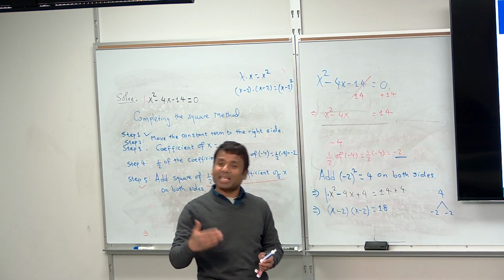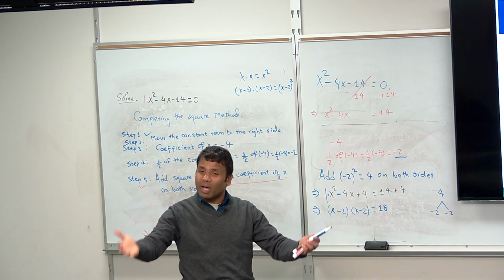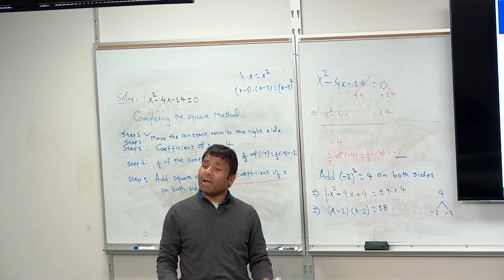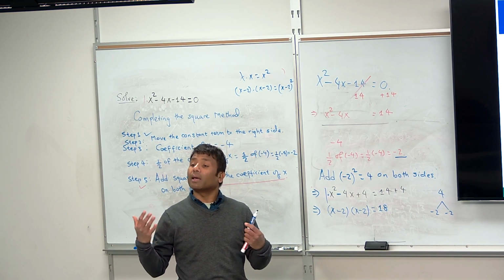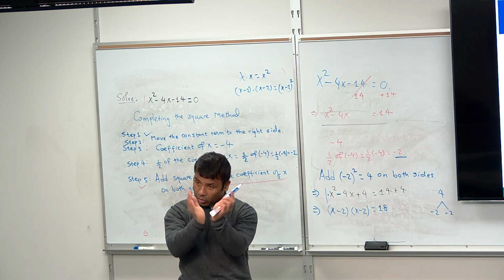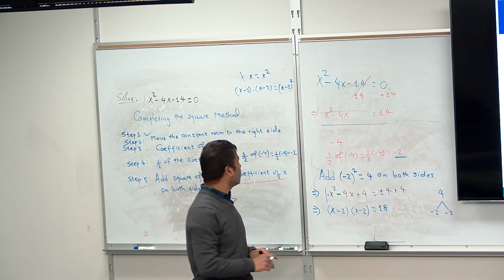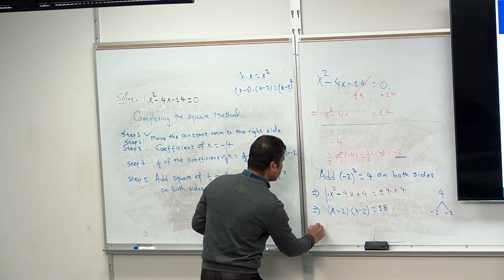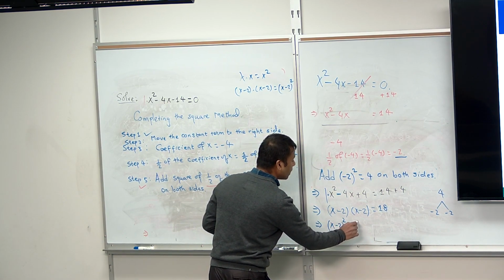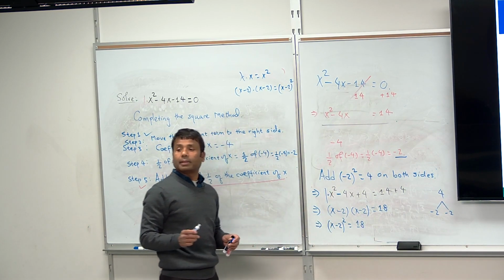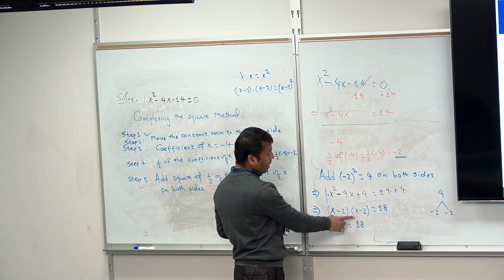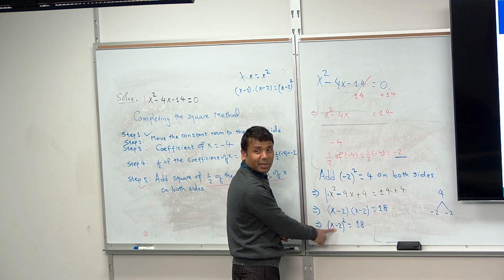If x times x is x squared, a times a is a squared, y times y is y squared, then x minus 2 times x minus 2 is parenthesis x minus 2 parenthesis close, squared. So this would be x minus 2 squared equal to 18. Are you guys with me? x minus 2 squared equal to 18.